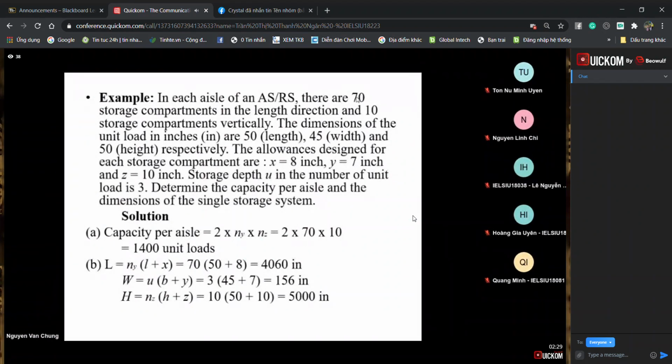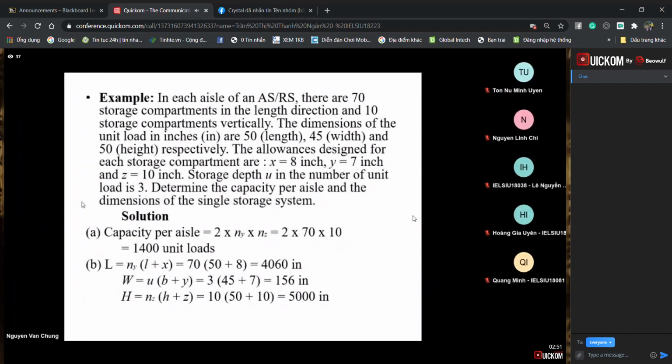You have the value 70 and the 10 vertical. So like that, you have the capacity per aisle: 1,400 unit loads.